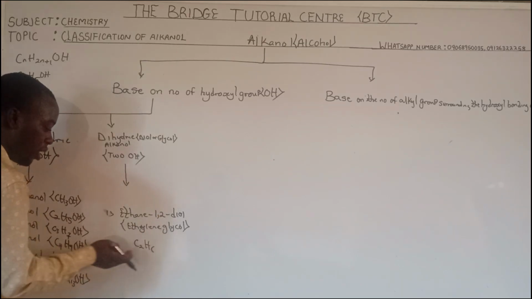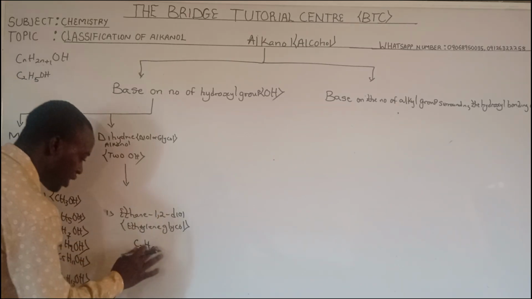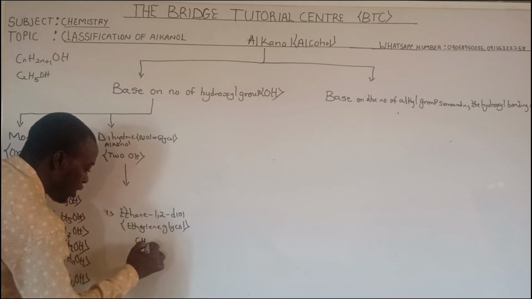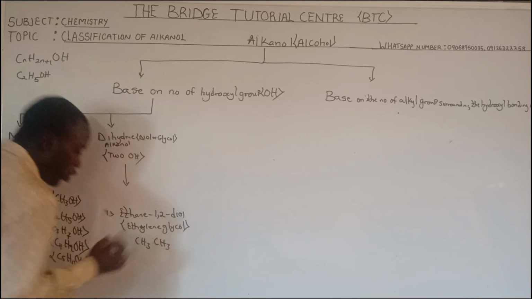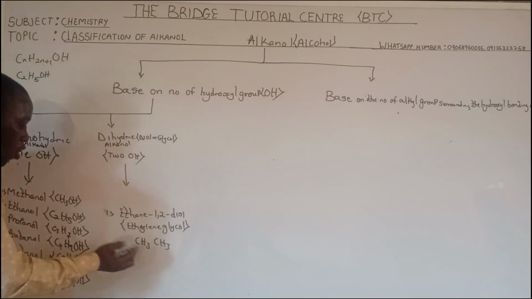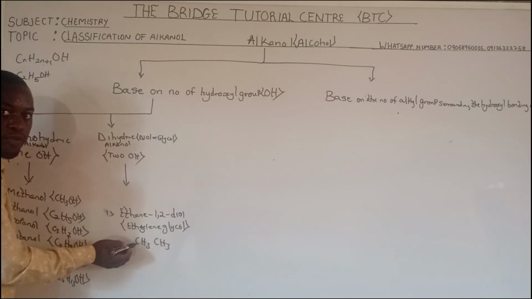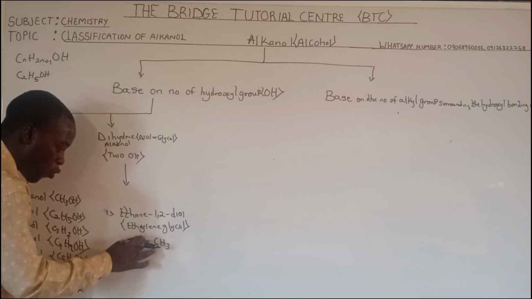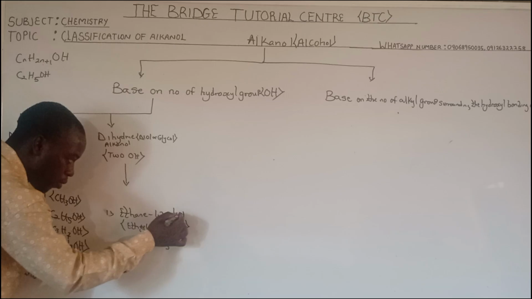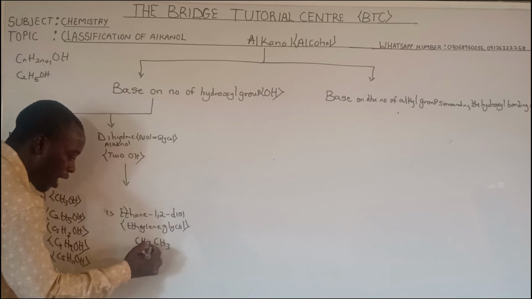You can split this one into two. I can write it as CH3 and CH3. We want to turn it to ethane 1,2-diol. On carbon number 1, we are going to have OH. That is, you remove one hydrogen, so instead of CH3, it will now be CH2, and you put OH.